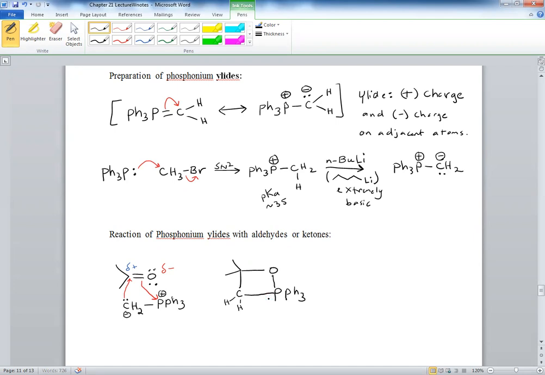So this one spontaneously decomposes, and it's going to decompose in a way, again, to produce the alkene, meaning you need this portion together. So the reaction is going to take place this way.